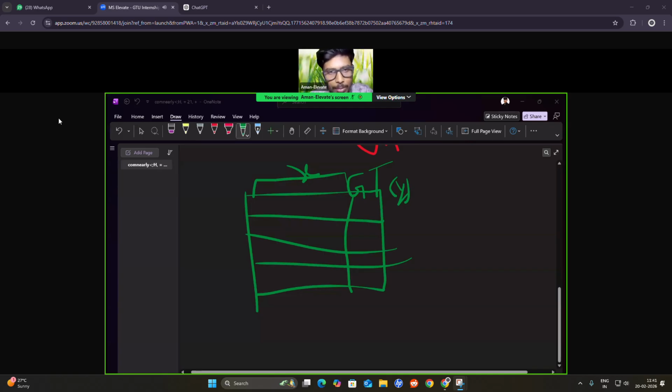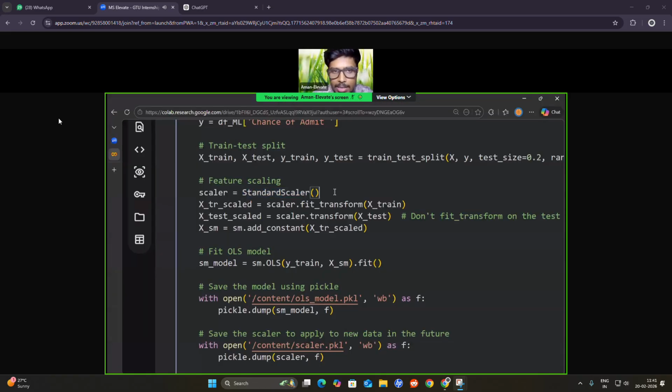Okay. Now, can you tell me this? What is the standard scalar? The standard scalar is, standard scalar is, yes.